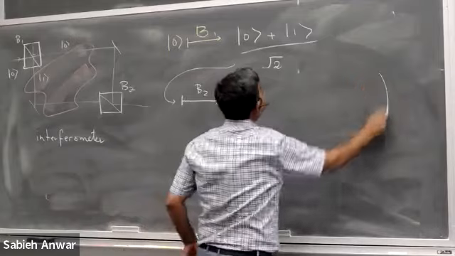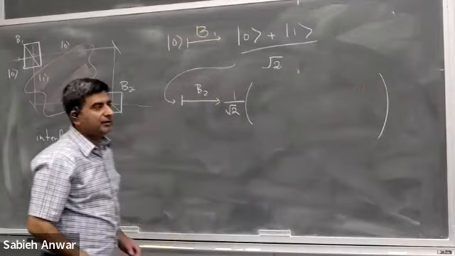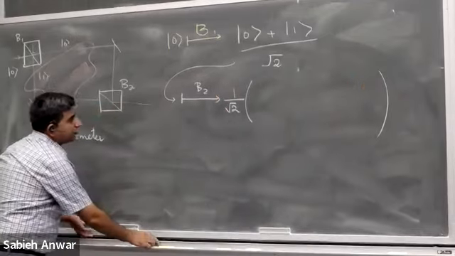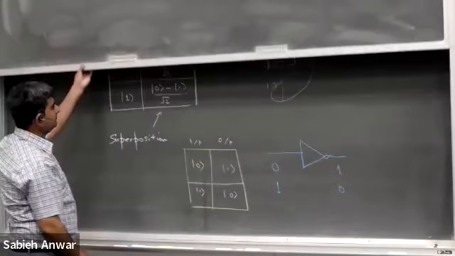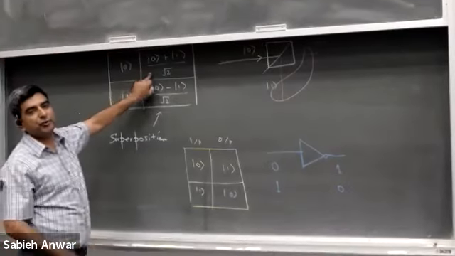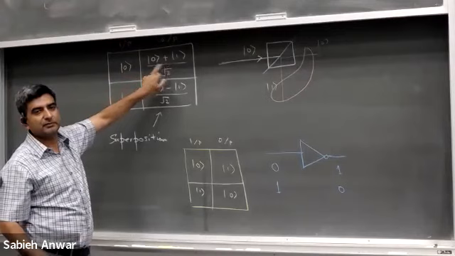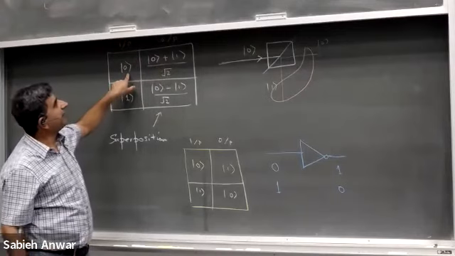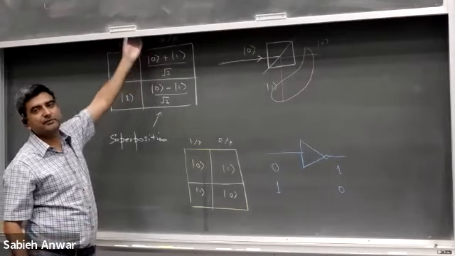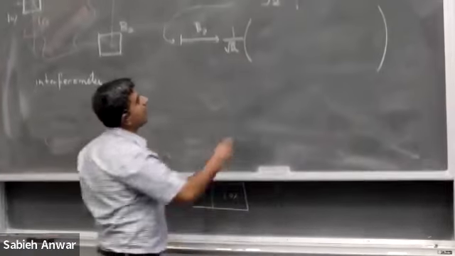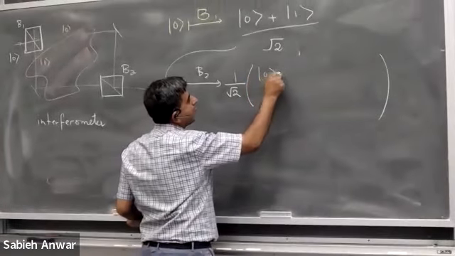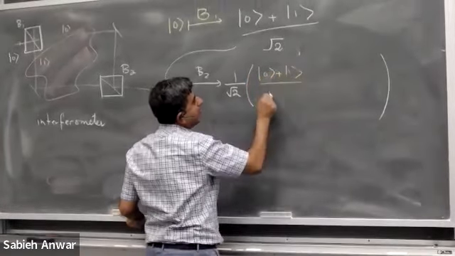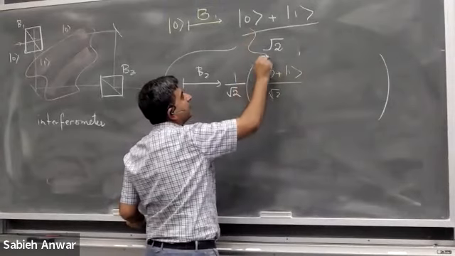Now something happens to ket 0. Ket 0, if you look at the truth table, once again goes into a new superposition state. So ket 0 transforms into this.